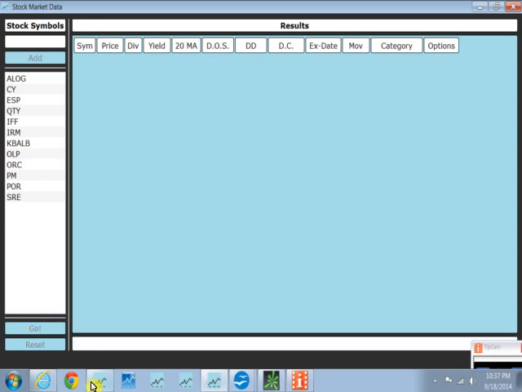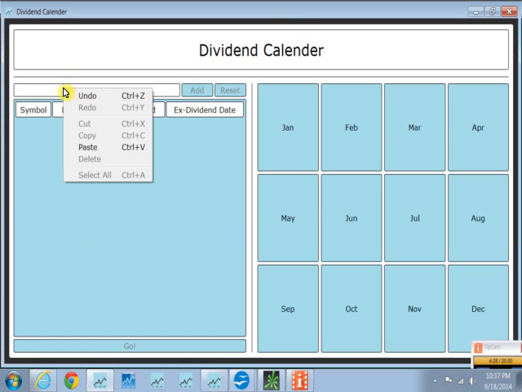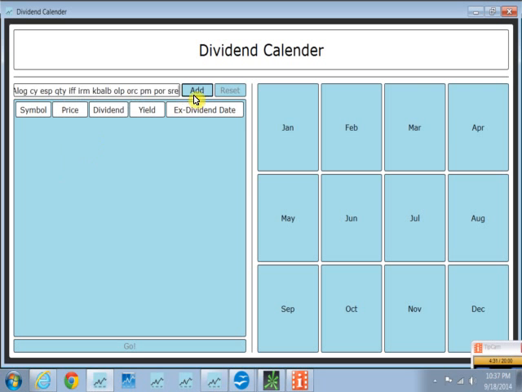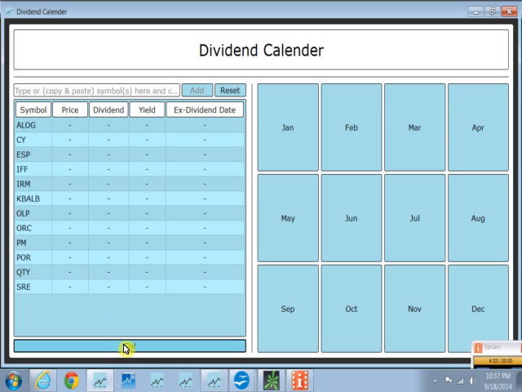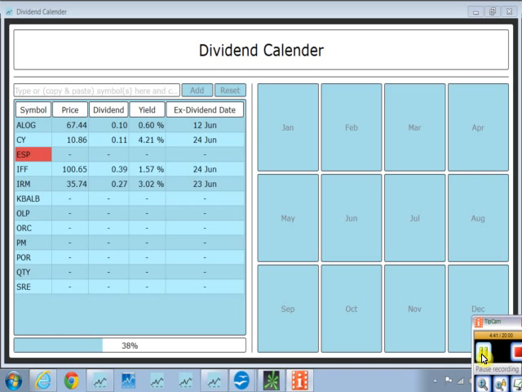And while that's working, let's go to the calendar. Same thing. Paste, add, and then go. Okay, while the software is running, I'm going to take a quick little pause so that the calculators can do what they do. I'll be back in a minute.